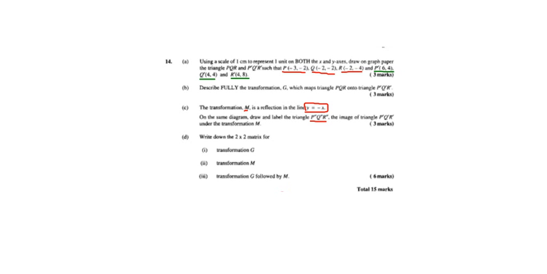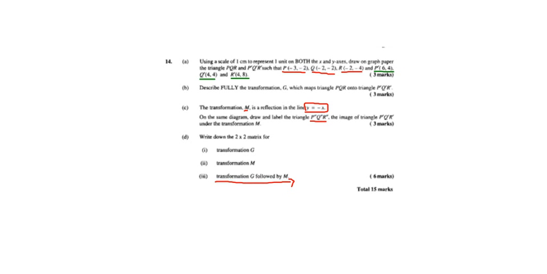They want you to write down a 2 by 2 matrix to represent the transformation of the shape under transformation G followed by M. Whenever they state the order of the transformations, this suggests the order in which the transformations are to be done. So you are to do G first, and then do the transformation M.